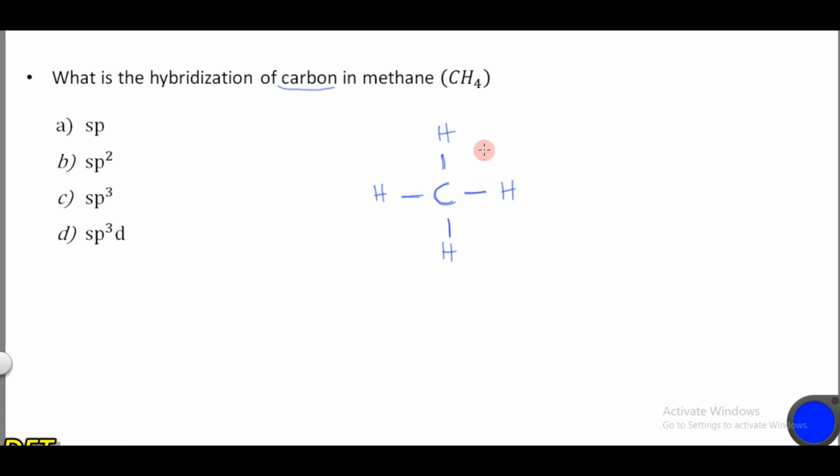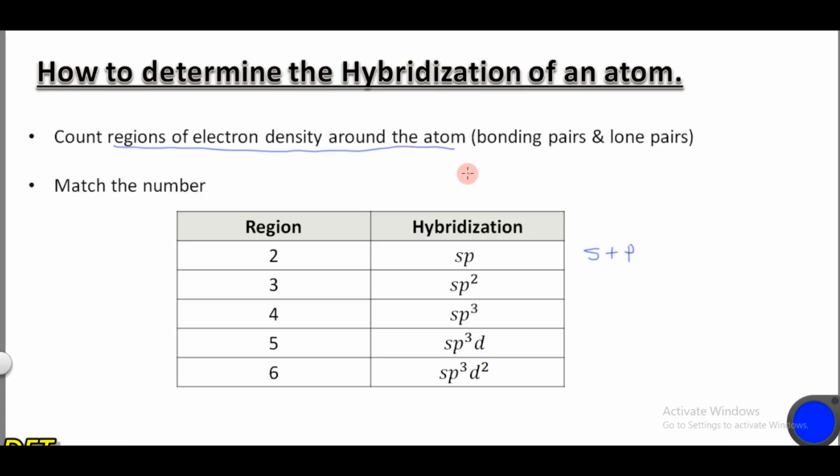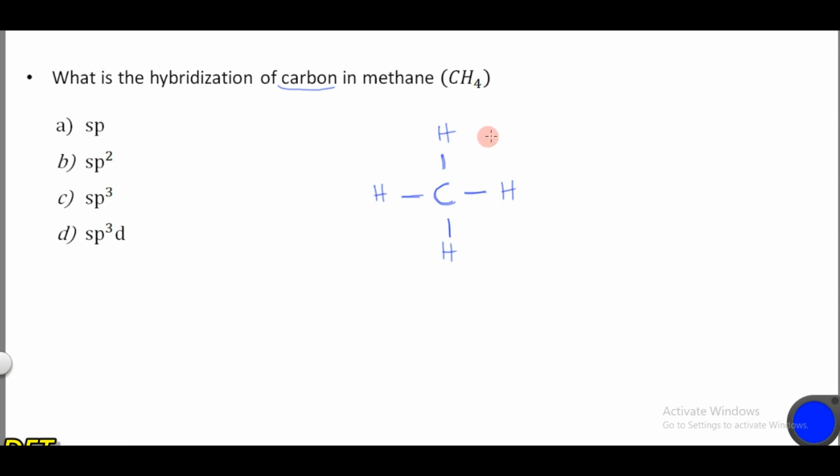Like I mentioned before, hybridization depends on the electron density around the atom. So when we're looking at the hybridization of carbon in methane, we are looking at the electron density around this carbon atom. We can see that there are 4 sigma bonds attached to this carbon.